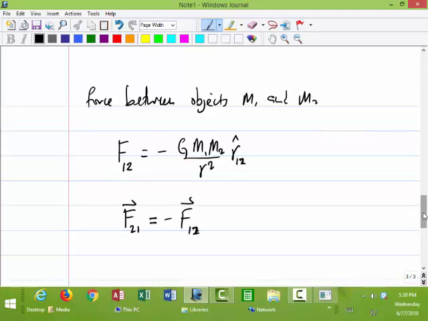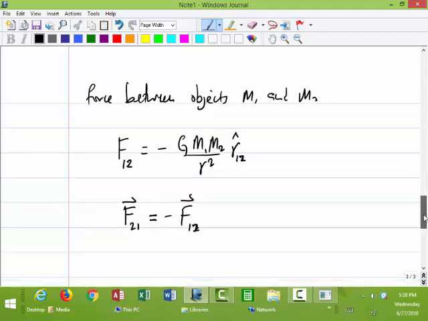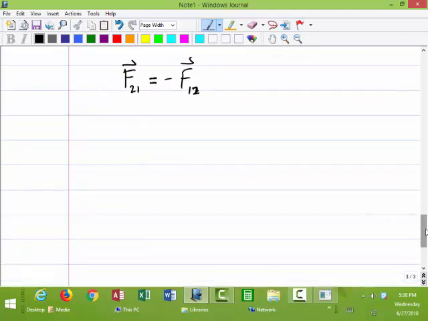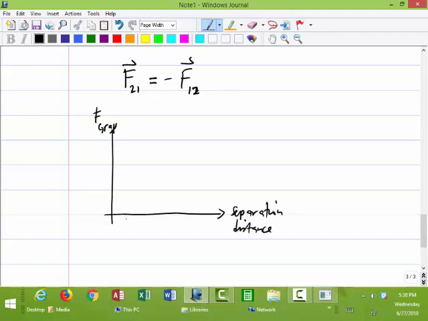We can also see that this way of writing Newton's law of gravitation tells us that this force is an inverse square law force. It falls off as 1 over r squared. For example, if we plot the graph of the gravitational force against the distance of separation between two objects, F gravitational on the y-axis and separation distance on the x-axis, we draw a curve that goes as 1 over r squared.